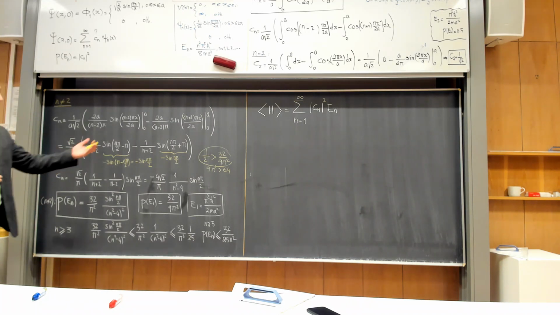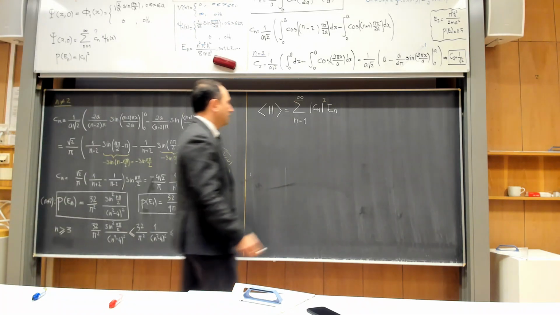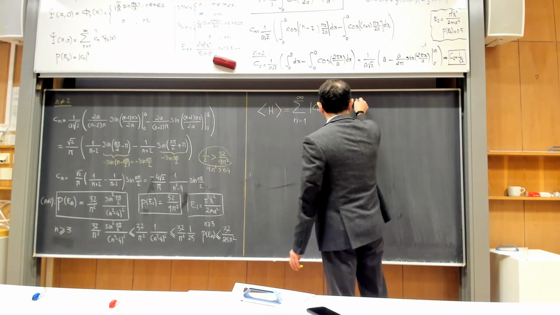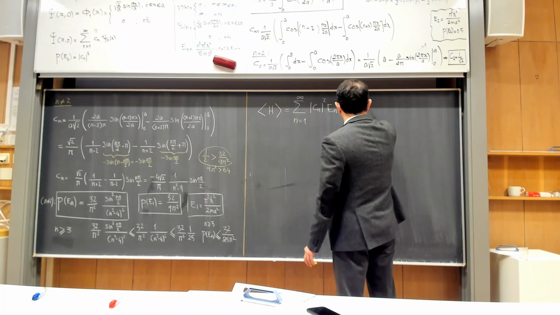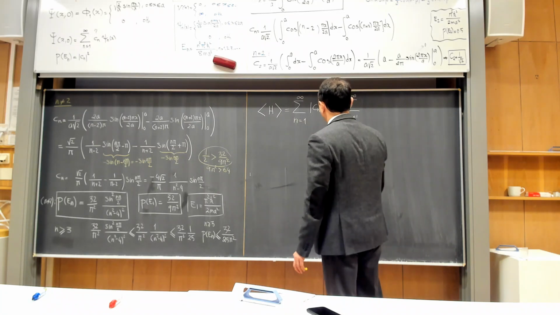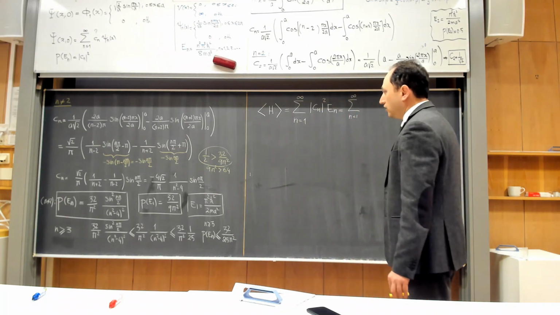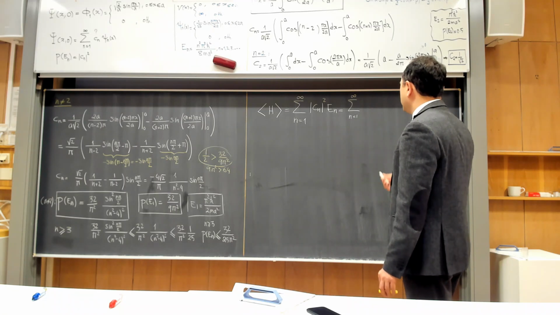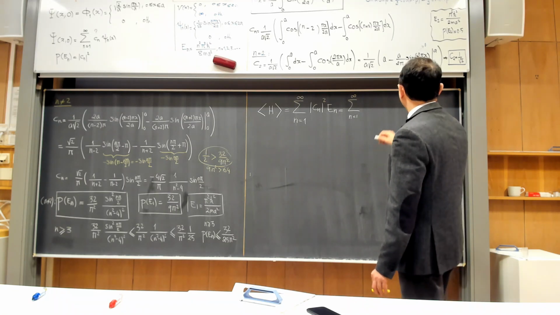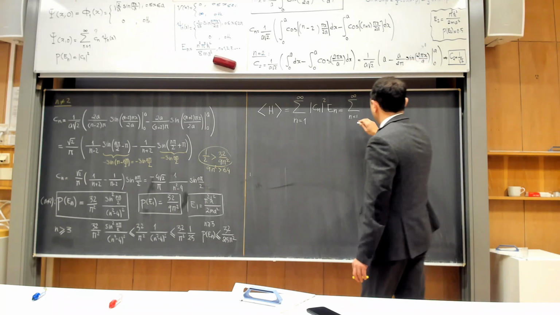But let me momentarily put these values here. So this becomes sigma, n goes from 1 to infinity, Cn squared En. So you see that if I want to solve the problem, I need to write it this way.